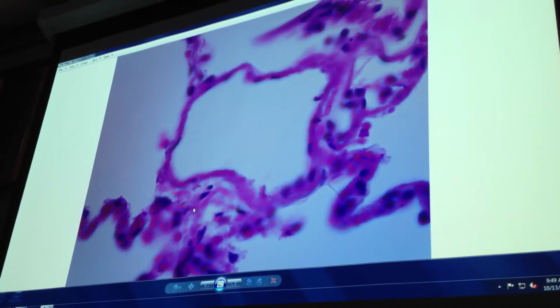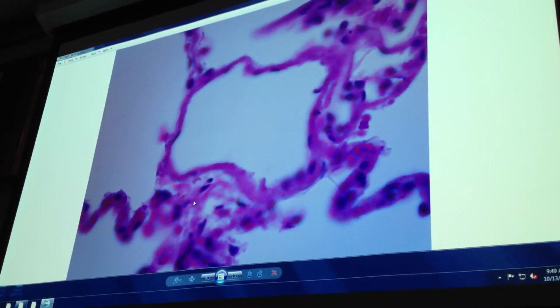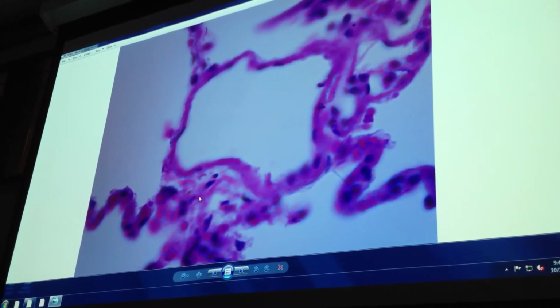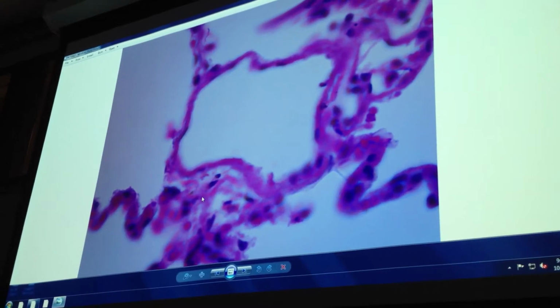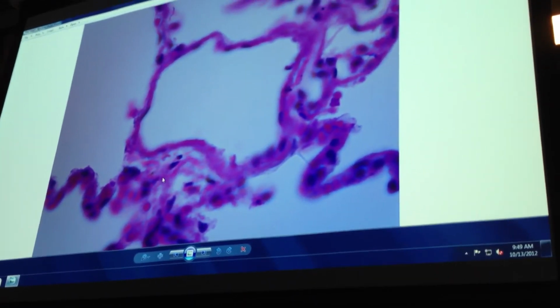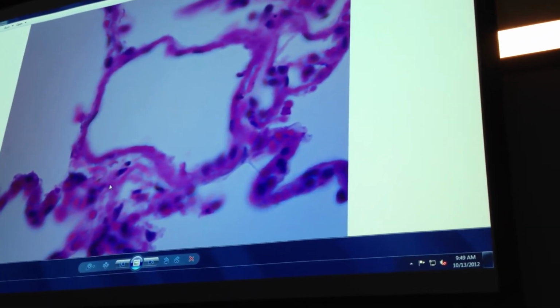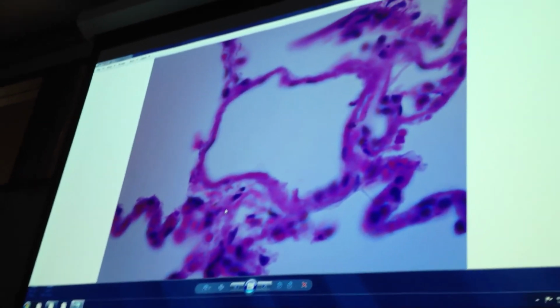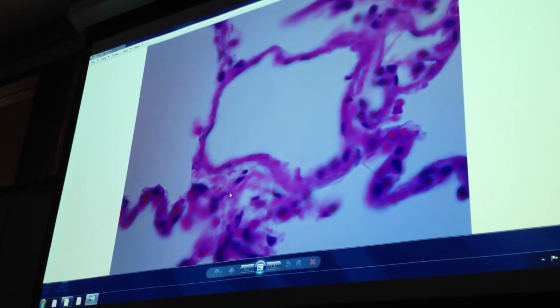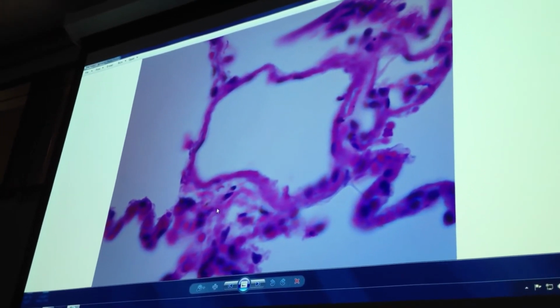Okay, what's emphysema? Emphysema is where people lose the elastic fibers, primarily brought about by smoking. The diaphragm contracts, air comes in, diaphragm relaxes. People with emphysema can't get it out.